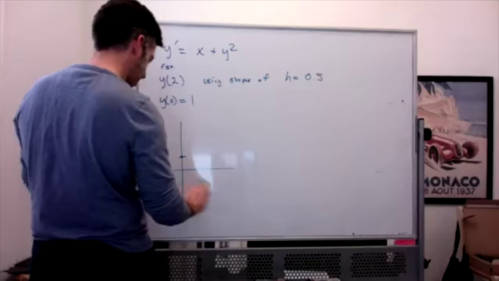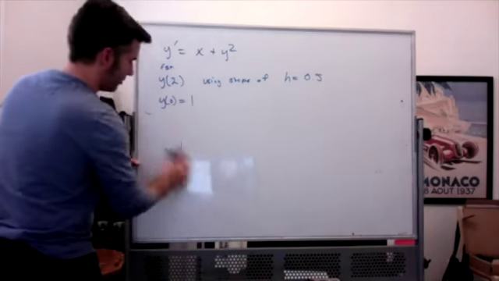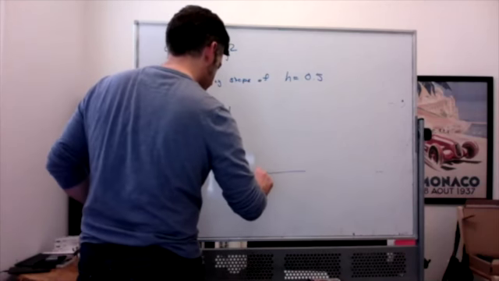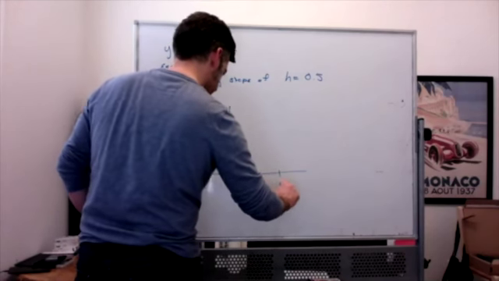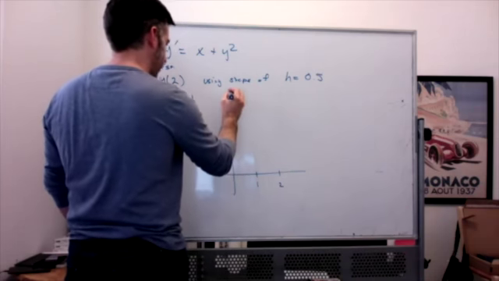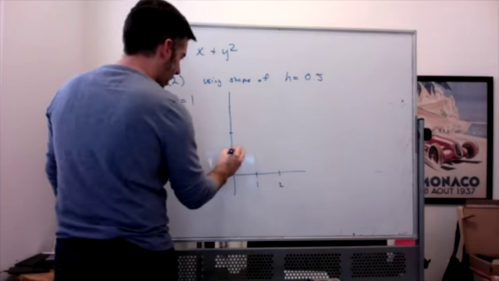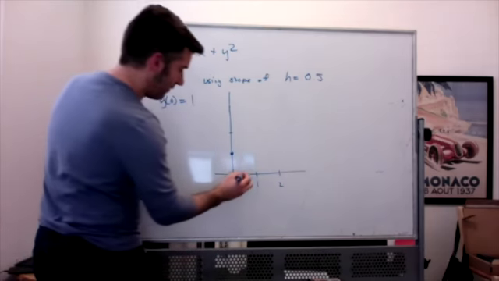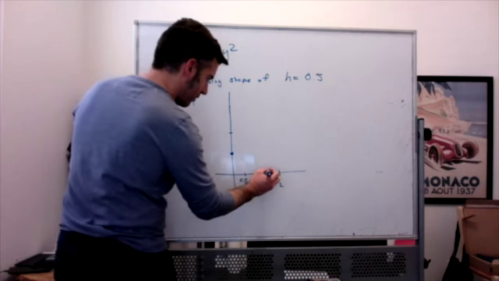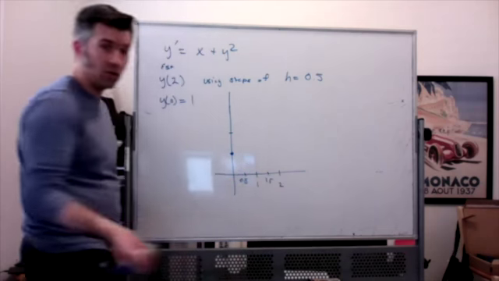So let me make my graph a little bit bigger. So here's what we have. We know that y of 0 is 1. And here's what we're going to do. We're going to find at every step of 1/2 the new y value.